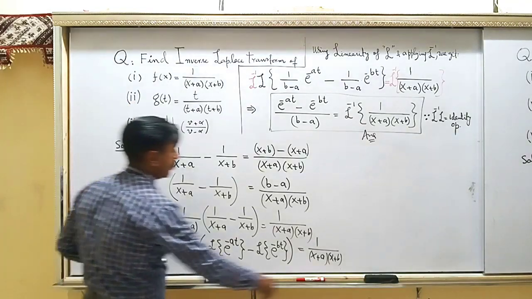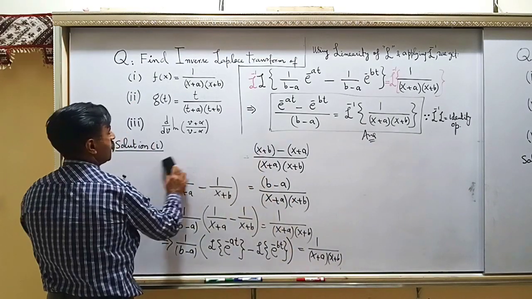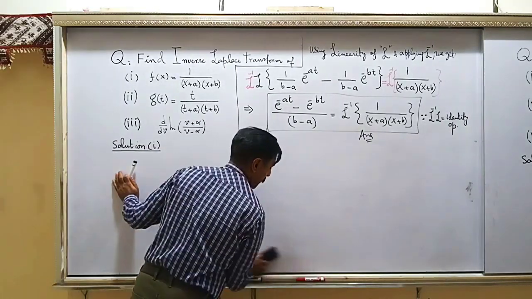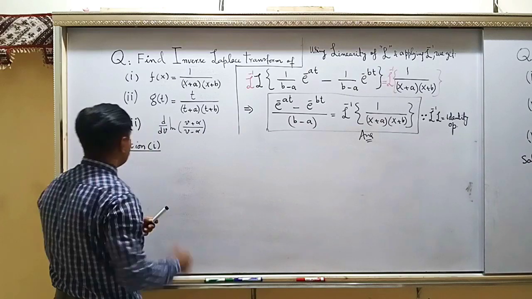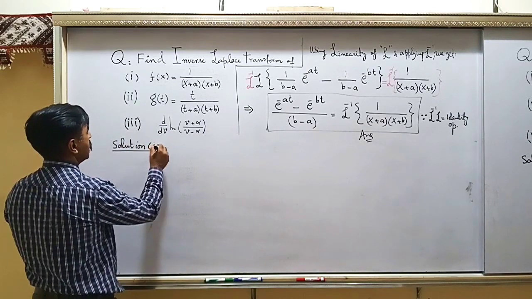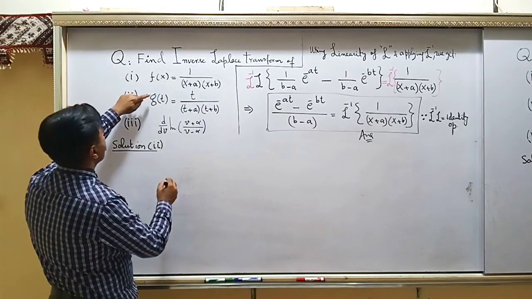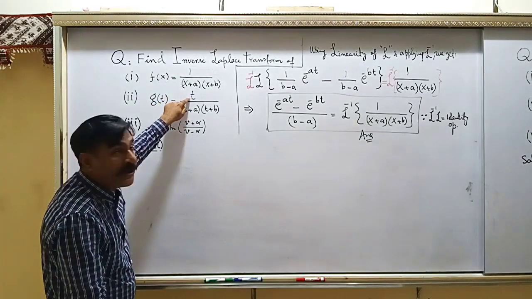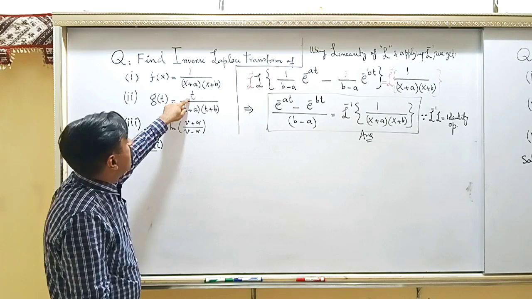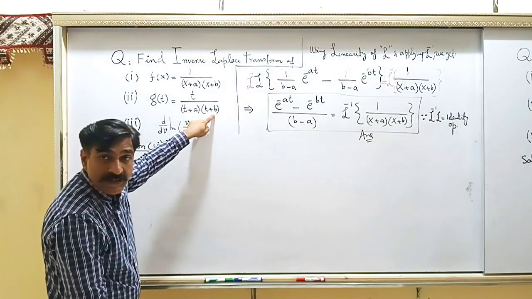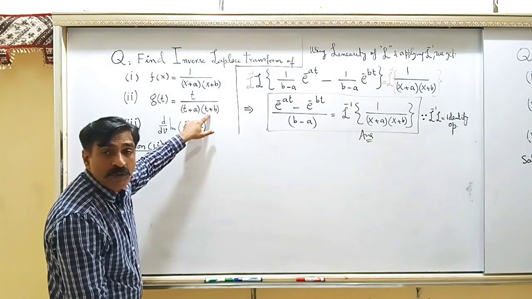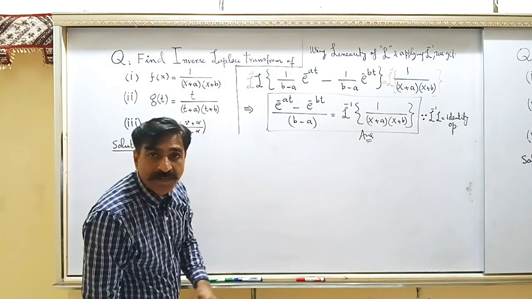Now look at question number 2. You have this Laplace transform and it contains the variable t, right? And a and b are the constants, but it contains two factors in the denominator, so you can make its partial fractions.